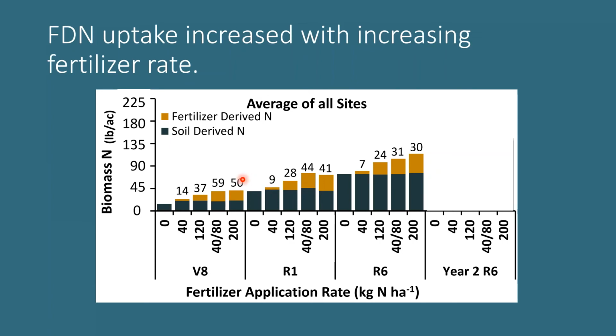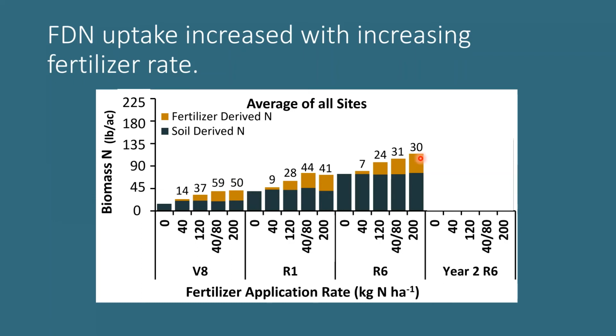But now notice how early on in the season, the percent of the nitrogen that's coming from the fertilizer is much higher than later on. So we'll just look at the 200 treatment. It's 50 at V8, 41 at tasseling, and then only 30% at physiological maturity in the first year. And so this indicates that fertilizer really has its greatest impact on corn nitrogen uptake early on in the growing season.